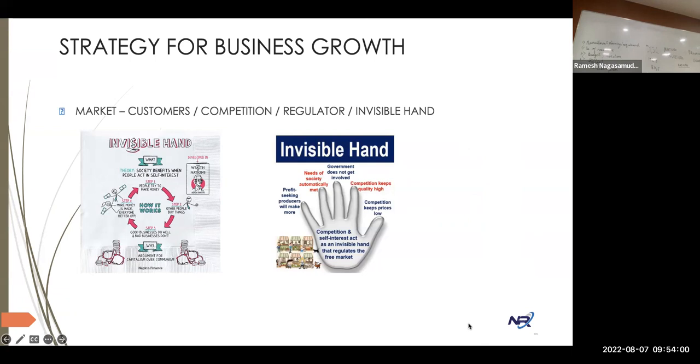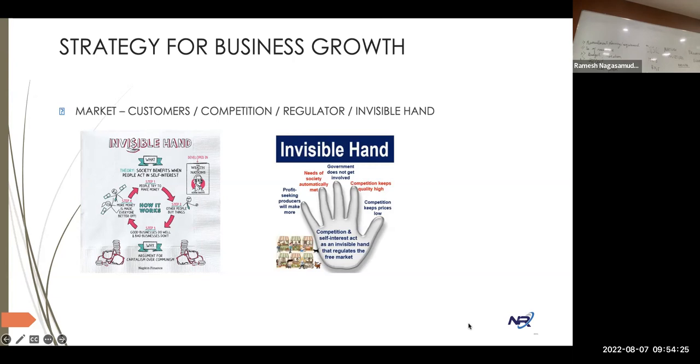Despite knowing the market, your competitor, anything, you still don't know how business actually evolves. There is something called the invisible hand that actually drives the market. You know your customer, your competition, and the regulator. What is the regulator?